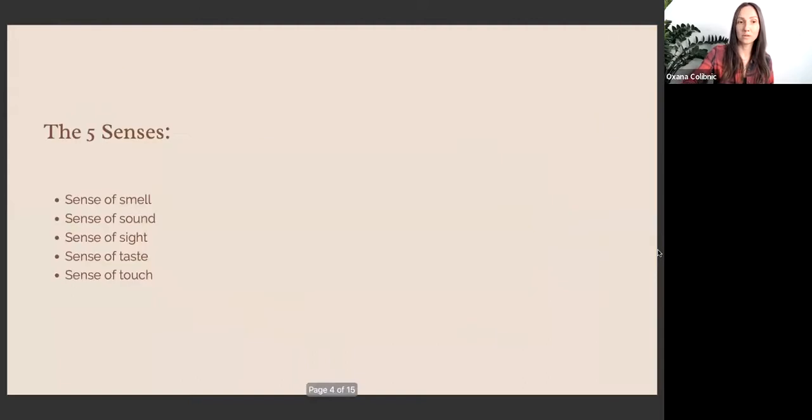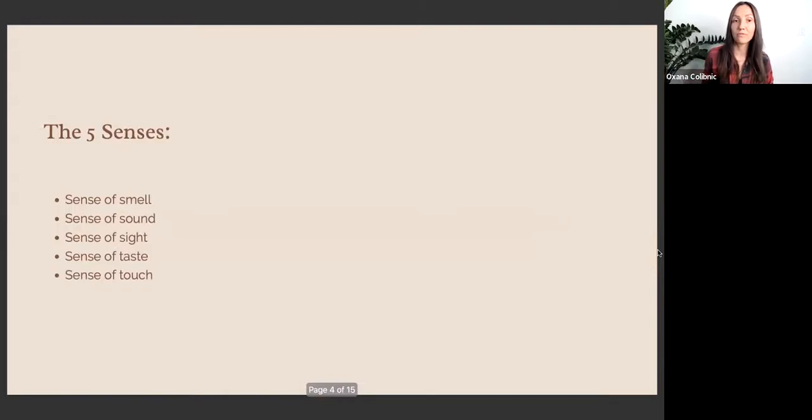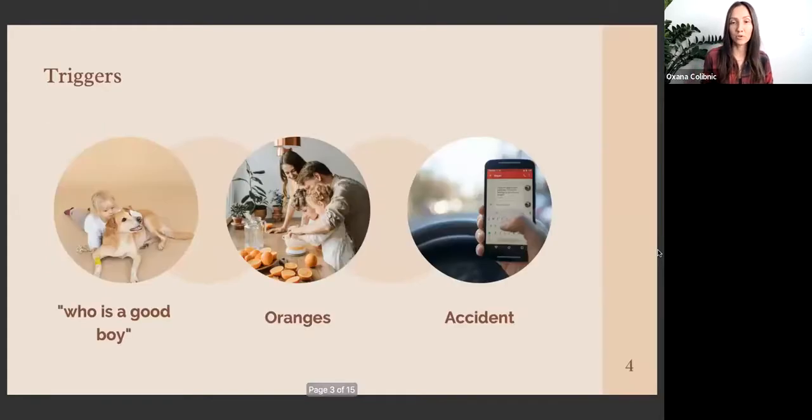So there are 5 types of senses, which means that information from all of these situations goes in through our 5 types of senses, which are smell, sound, sight, taste, and touch. So imagine this first situation with the dog and the little kid.